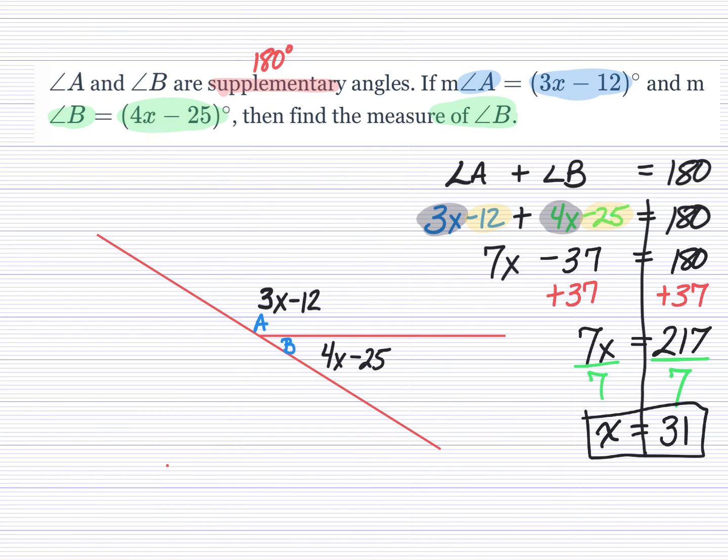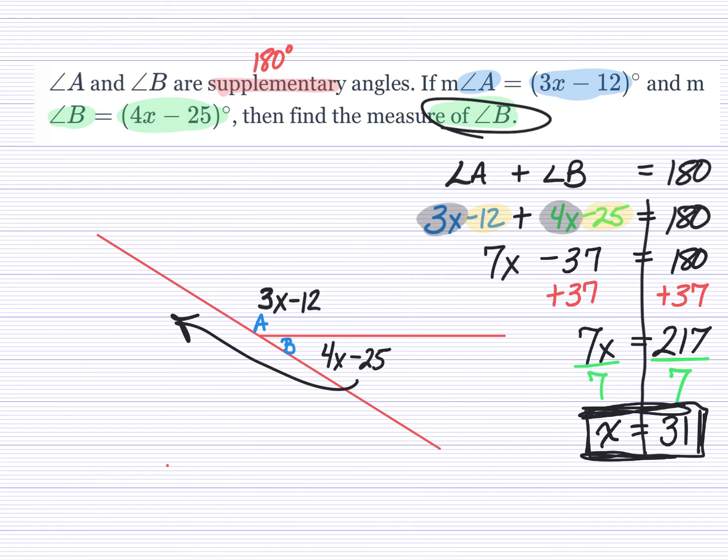Yay for me, but put on the brakes. Remember what you're asked for. It's very unfortunate if you miss this with the number 31, because you did all of the hard work and didn't reap the benefit from this, because they didn't ask me for x. Remember, they asked me for B. So B was this angle measurement right here, 4x minus 25.